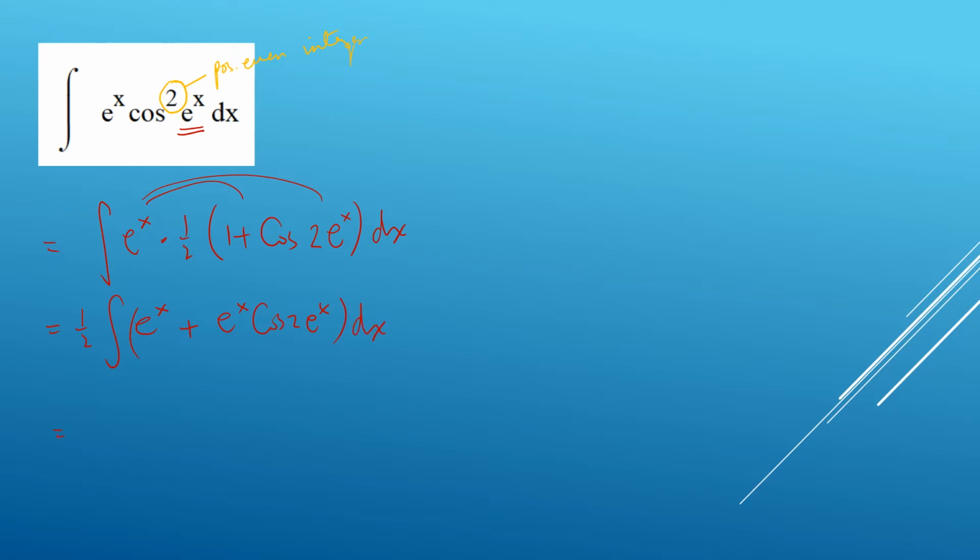We can also split this into two integrals. 1/2 the integral of e to the x dx plus 1/2 the integral of e to the x cosine of 2e to the x dx. The first integral involves exponential function e to the u. So e to the u du is e to the u, 1/2 e to the x plus 1/2.